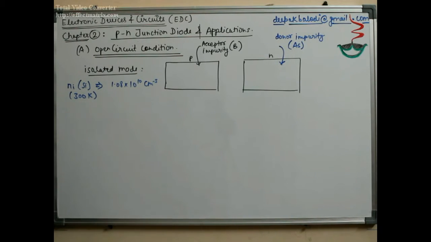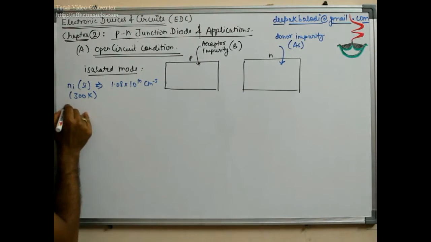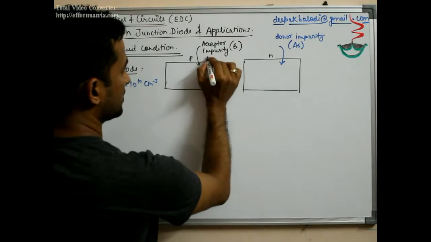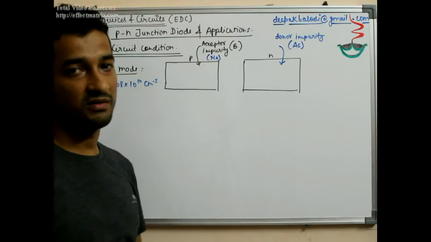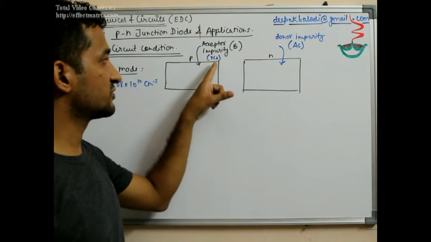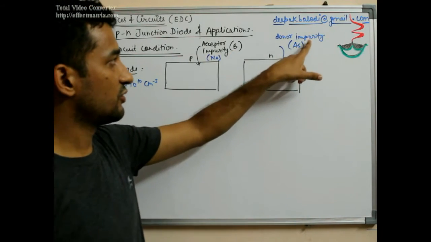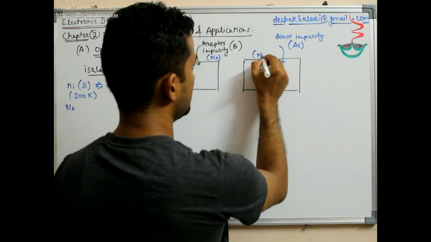and a moderate impurity rating is around Na, which we indicate here. The impurity concentration, the number of atoms per centimeter cube of boron. Similarly, the donor impurity concentration is indicated by Nd.